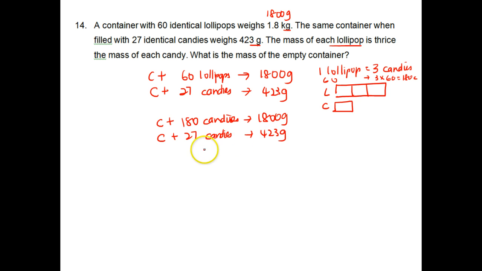Therefore, I take 180 minus 27 candies, which will be my 1,800 minus 423.